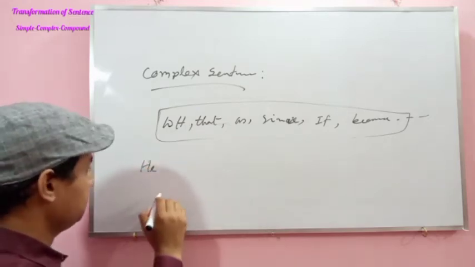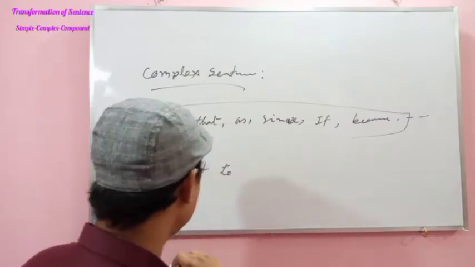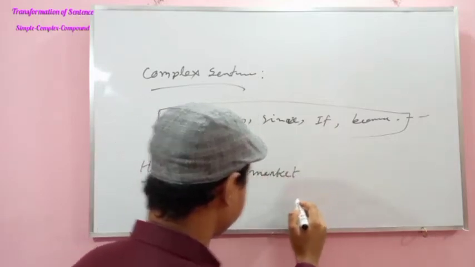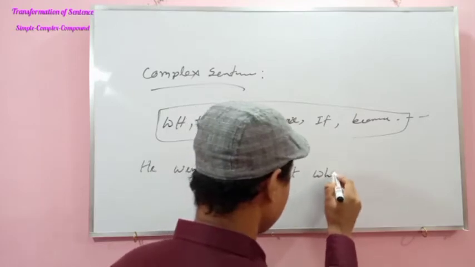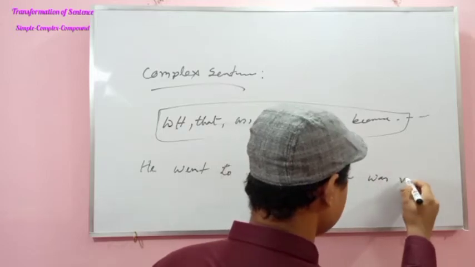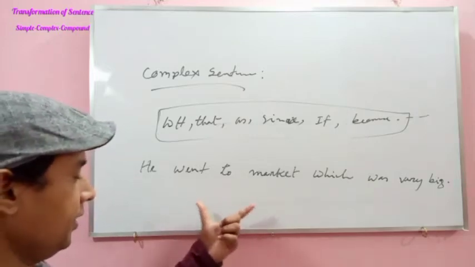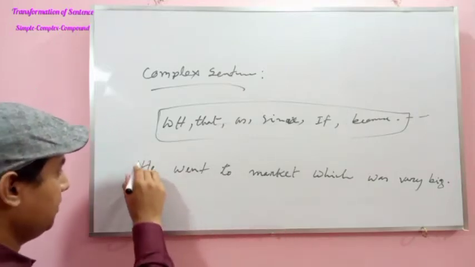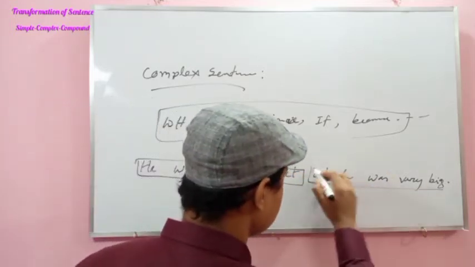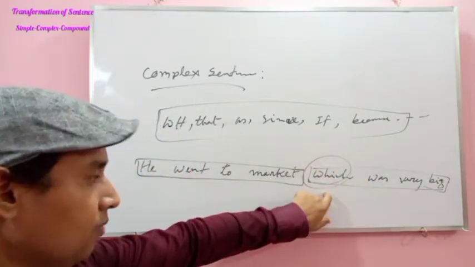He went to the market which was very big. This is an example of a complex sentence. This is a clause and this is another clause. These two clauses are joined with this WH word.